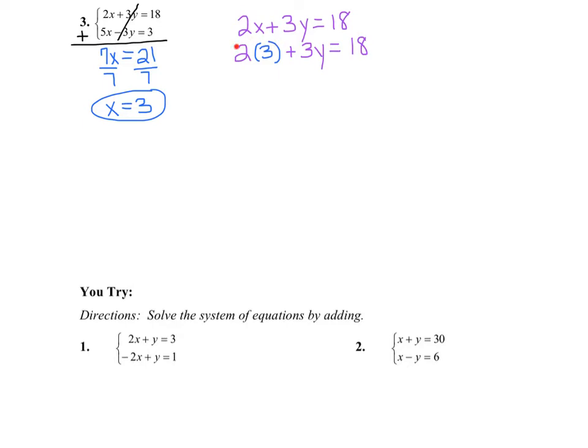You want to multiply 2 times 3, which is 6, plus 3y equals 18. Next step is to subtract 6 from both sides. So you have 3y equals 12. And our last step is divide both sides by 3. 3's cancel. And then y equals 12 divided by 3 is 4.